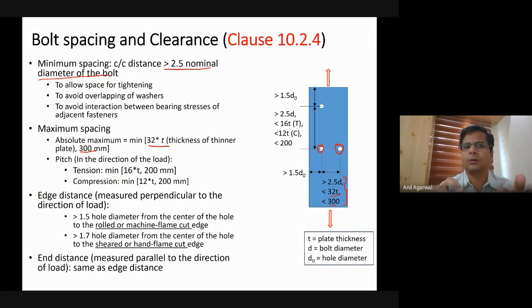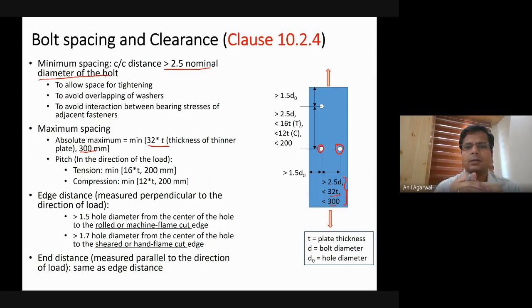So the minimum requirement of 2.5 D is how close they can be, and that is because of all three reasons. It is not purely a bearing consideration. So that's why 2.5 D is the minimum required. That is the closest you can get between two bolts, irrespective of what type of bolts these are. Maximum spacing cannot be more than 32 T or 300 mm, whichever is smaller.